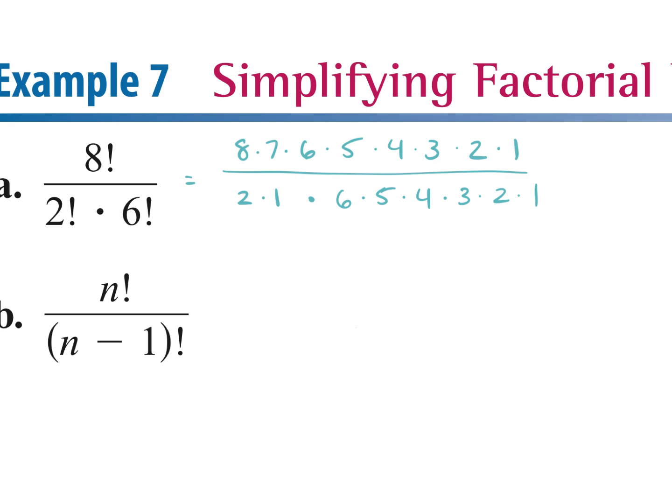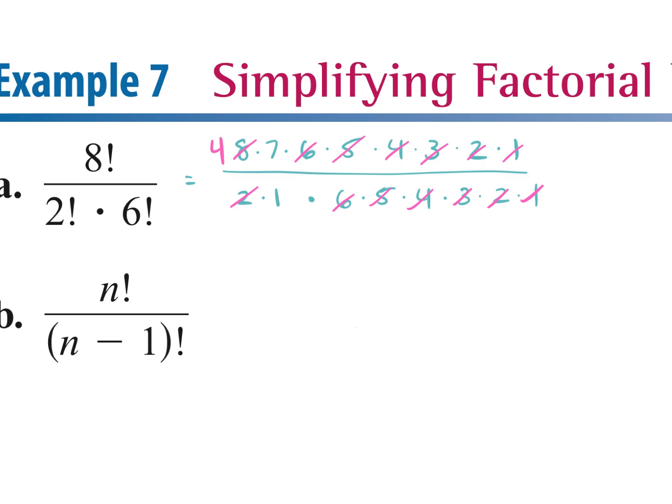But if we didn't have a calculator, we would definitely want to simplify first. We can cross out any common factors on the top and on the bottom. So we've got a 6 in common on top, 5, 4, 3, 2, and 1. So those would all cancel. Do we have anything else that would cancel? How many times does 2 go into 8? 4.